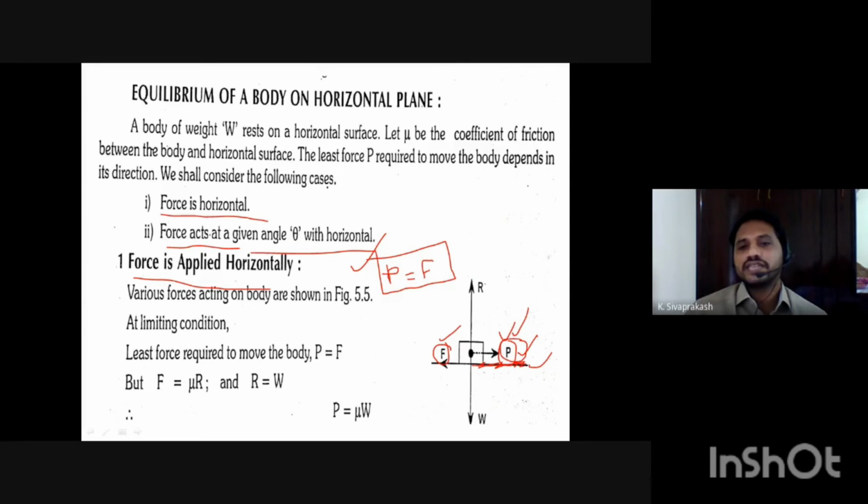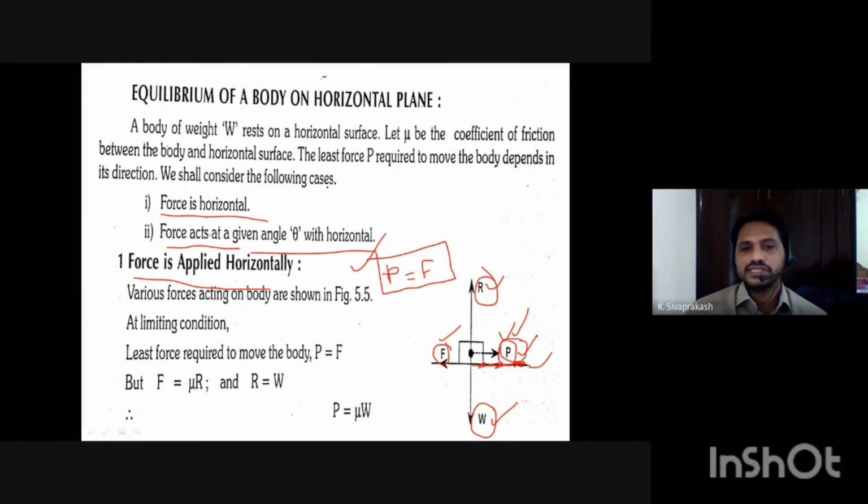Coming to the next equilibrium condition, the vertical forces. What are the vertical forces? W is a vertical force and R is a vertical force, but opposite to each other. So the sum of the upward forces equals the sum of the downward forces.